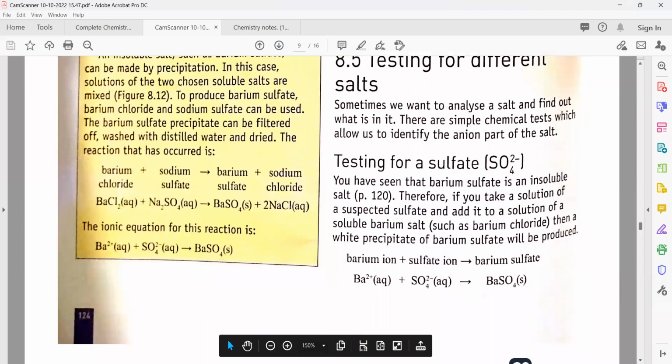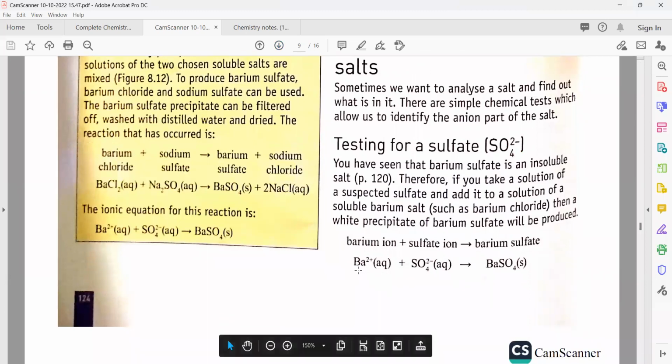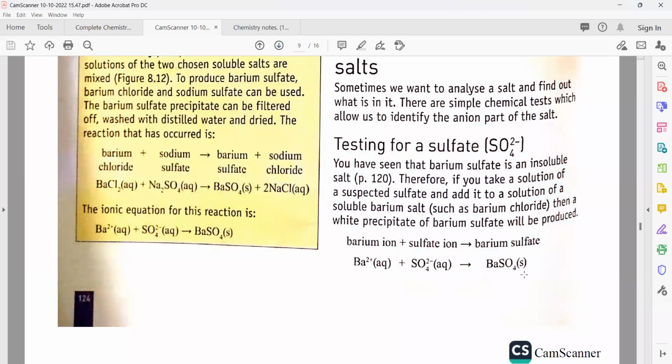Look here, we are simply going to react Ba, barium ion, with sulfate ion. So what you get is barium sulfate in the form of a solid. You can say that is a precipitate. Look, this is an aqueous solution, aq. This is also an aqueous solution, but when they both react, what do they give you? They give you a solid. Understand?